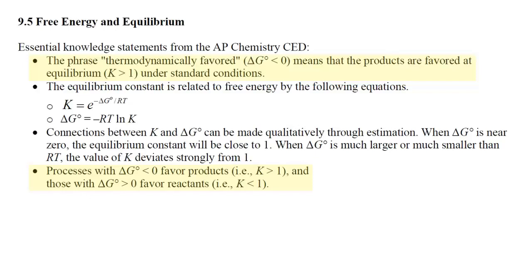And then that last one that's highlighted on this slide says that processes with a negative delta G favor the products, that is, the magnitude of the equilibrium constant is greater than 1. And on the other hand, processes with a positive delta G would favor the reactants, that is, the magnitude of the equilibrium constant K would be less than 1.